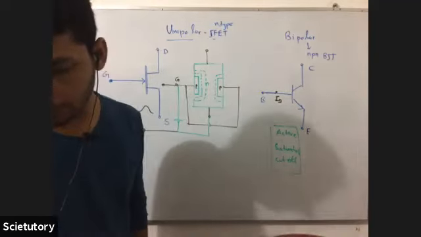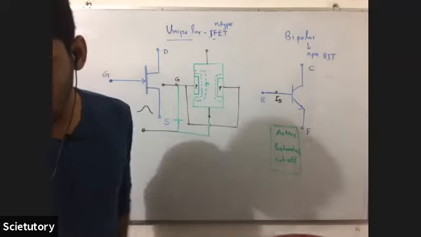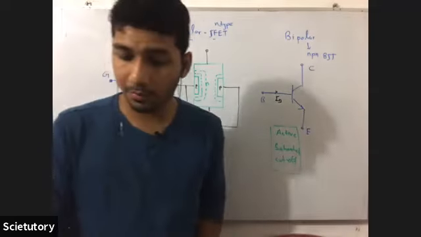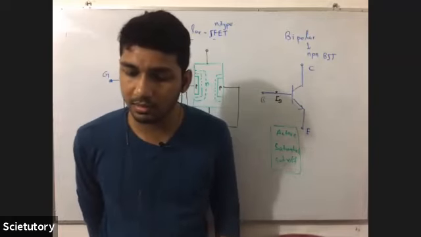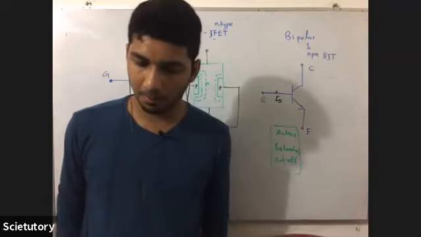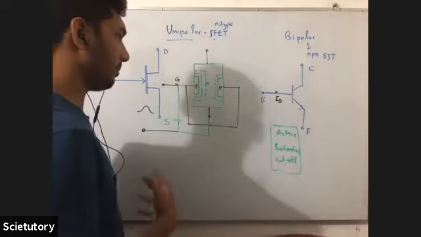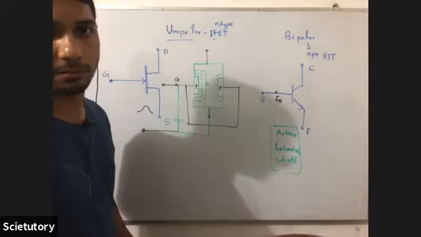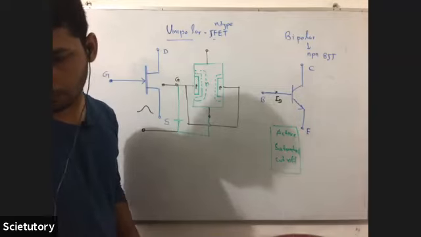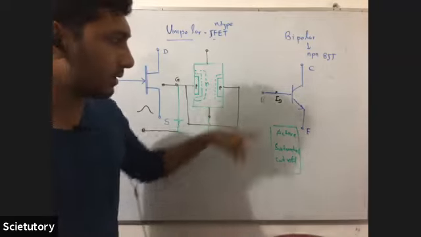And the fifth statement: magnitude of the current through the collector depends on the base emitter voltage. Yeah, it's correct.